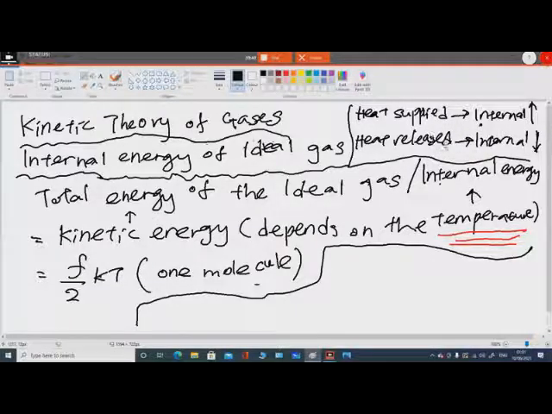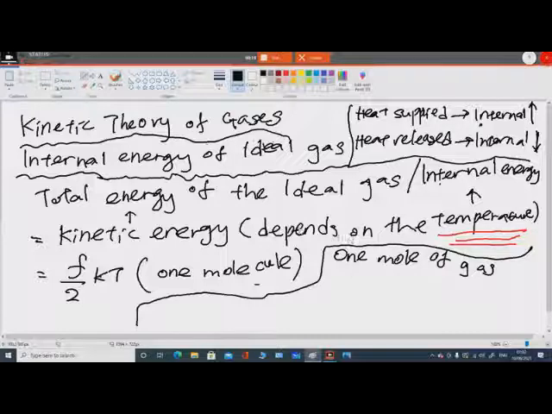Let's get back to here. Let's say I have 1 mole of gas. What if I wish to find the internal energy for 1 mole of gas?